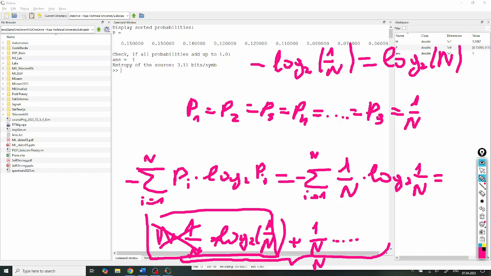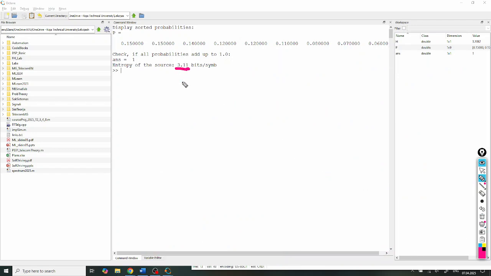So that is the maximum entropy, which is observed in the case when every symbol is equally possible, which is the maximum chaotic situation, and its number is supposed to be bigger than this one. Now, the idea of our Shannon-Fano or Huffman code is to approach this number.